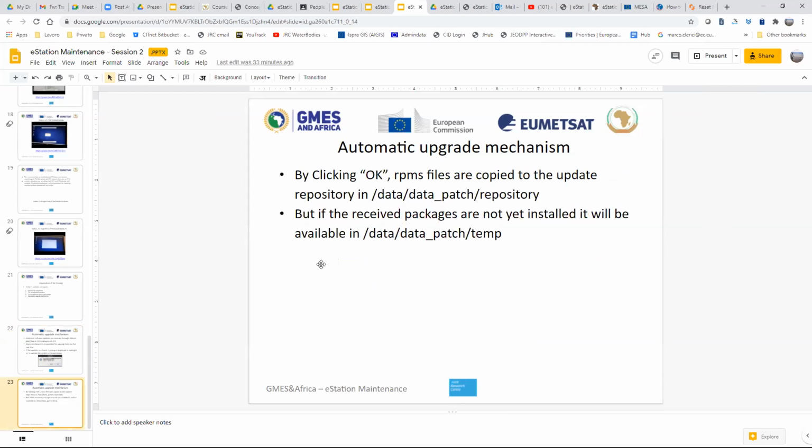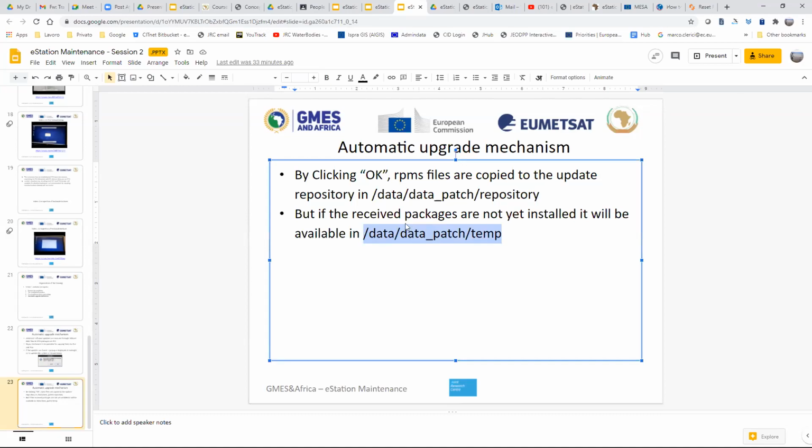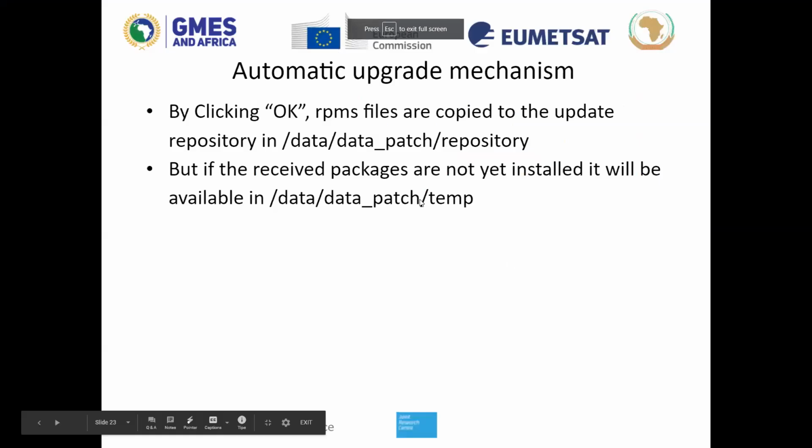And if by mistake you cancel it, there is also an option to find these packages in the data patch and temp folder. You can find these files in this particular folder, from where you can also manually install.